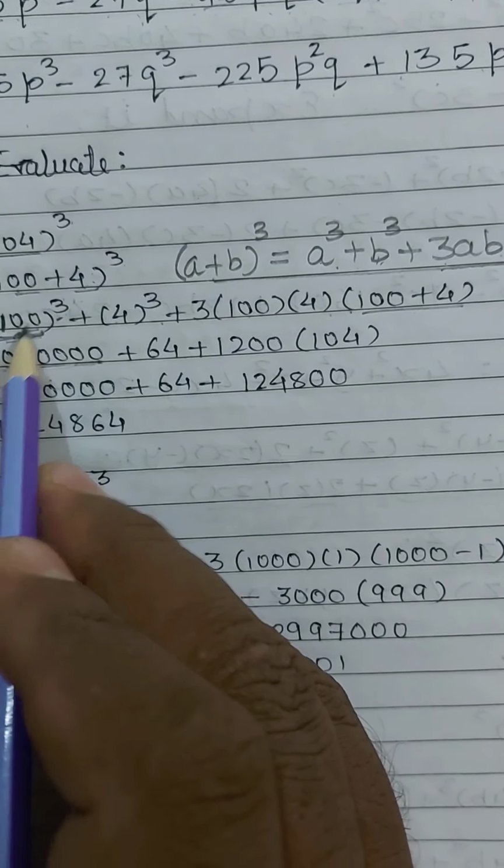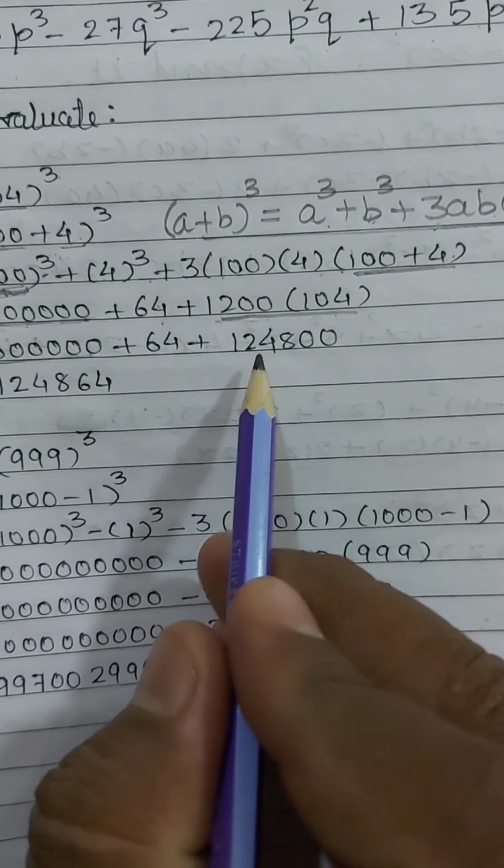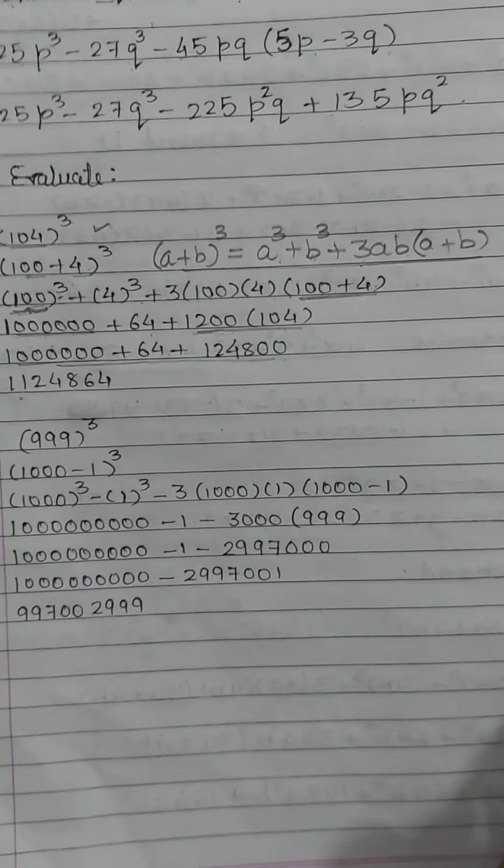This 10 lakh remains as it is here, plus 64, plus now multiply 1200 with 104, so you will obtain 1,24,800, and now you have to finally add all of these terms. So what you will have? 11,24,864. So this is the value of this term by using identity.